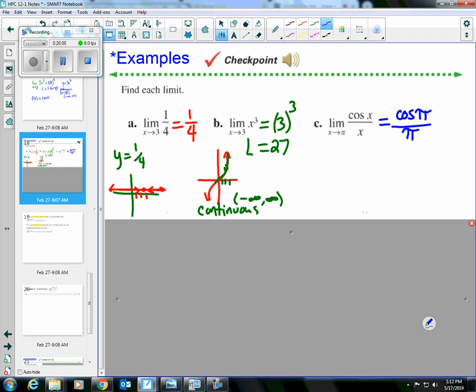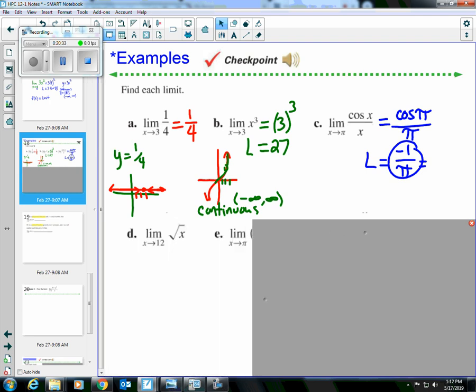Well, that's a completely legitimate thing to simplify. So the cosine of pi is -1. Pi is just itself, so this would be -1 over pi. So I can actually evaluate using direct substitution. It's continuous there. I can plug the values in. If it was discontinuous, I would not be able to substitute anything in, and I would know I'm going to have to deal with something else.